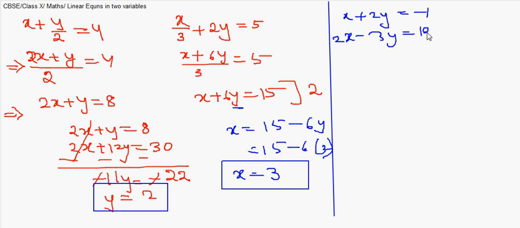I would suggest you try to solve it graphically, and I guess you would surely find the value of x to be 3 and y to be minus 2, but you need to solve that graphically. Hope you get it right. Thank you.